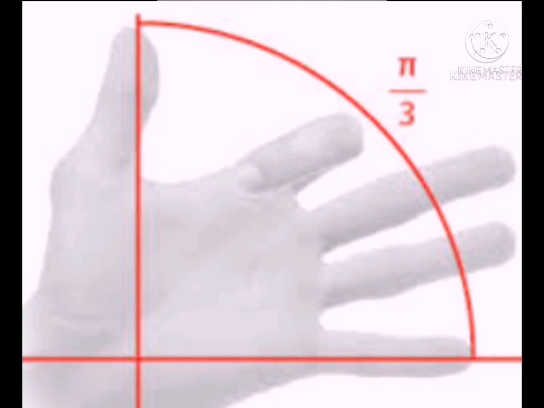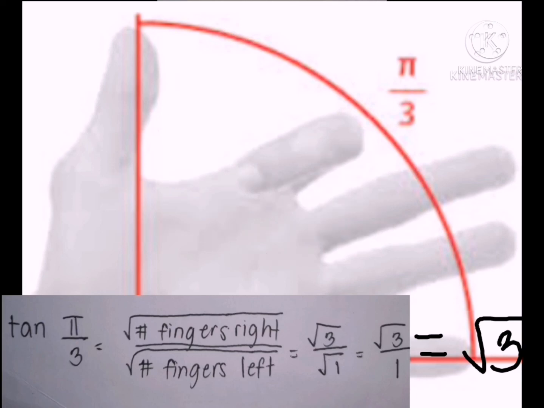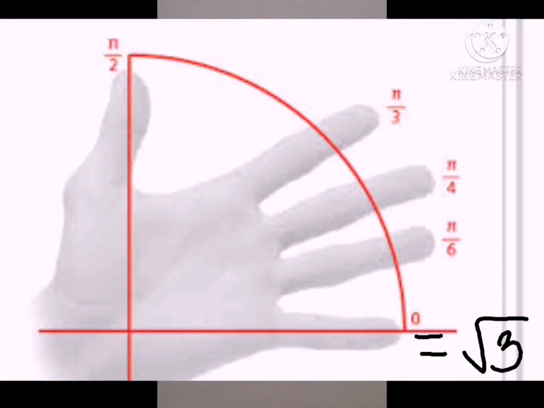And last, to evaluate tangent of an angle, square root of the number of fingers to the right divided by the square root of the number of fingers to the left. Tan pi over 3 is equals to square root number of fingers right, so it will be 3 over square root number of fingers left, so it will be square root of 1. Then our answer will be square root of 3 over 1, or square root of 3.